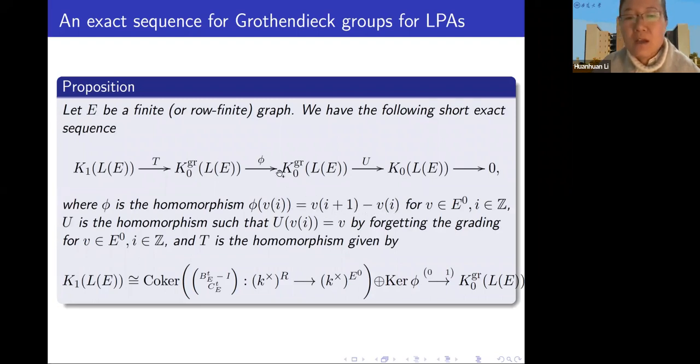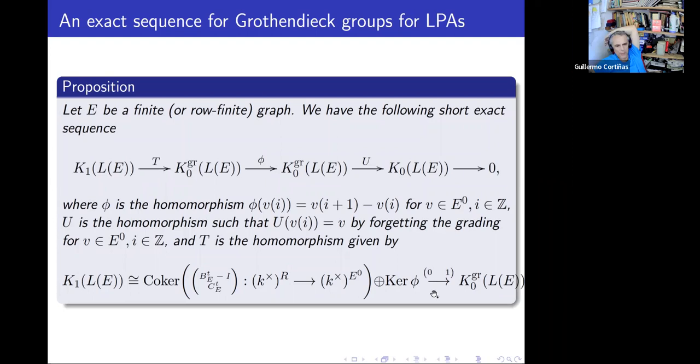So we can see the image of phi is in the kernel of U, from the definition. And here, this T is the comparison for the isomorphism and this projection.